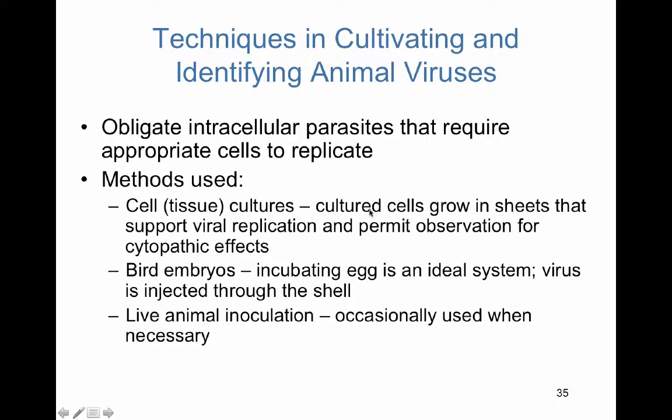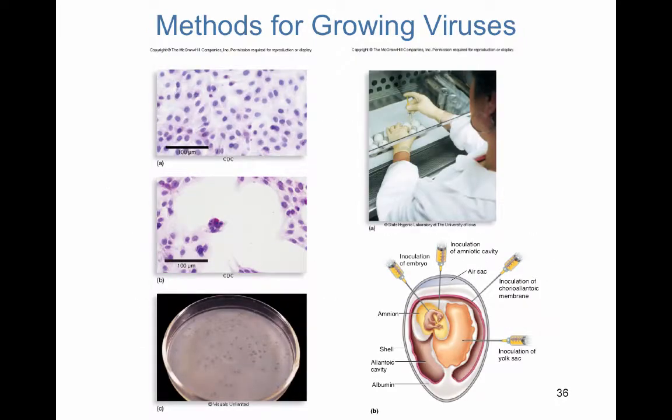You can actually, in vitro, in a petri dish, infect cells and look for cytopathic effects, or you could use embryos, bird embryos, or sometimes they will use live animals. So actually infect or inoculate a live animal and allow the virus to replicate via that method.